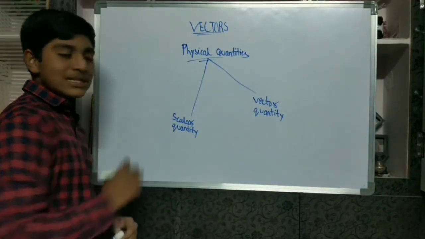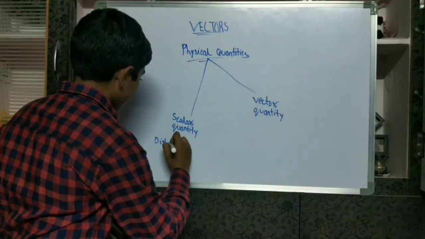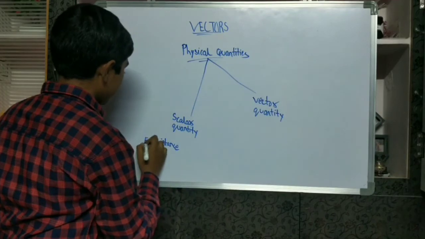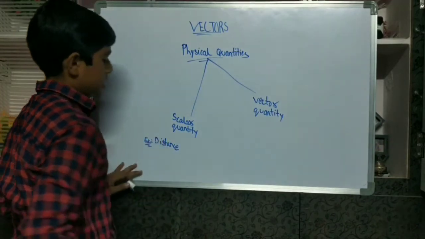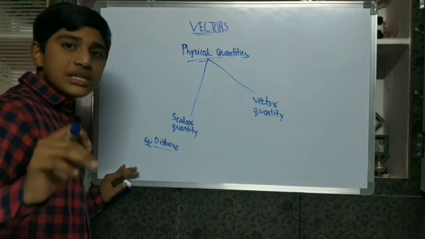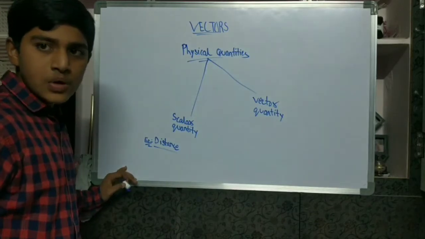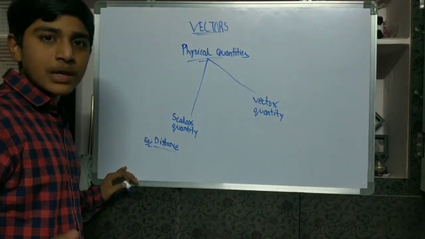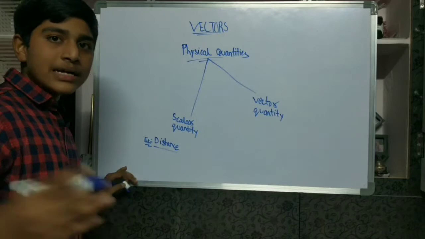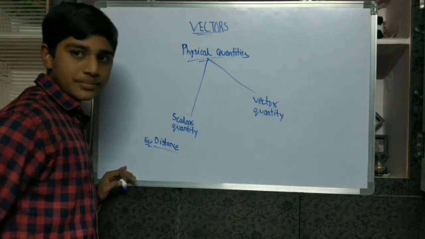An example for scalar quantity is distance. If you observe here, distance does not have any direction. It has just magnitude. So anyone can say that a body traveled 10 kilometers, but we did not mention the direction.